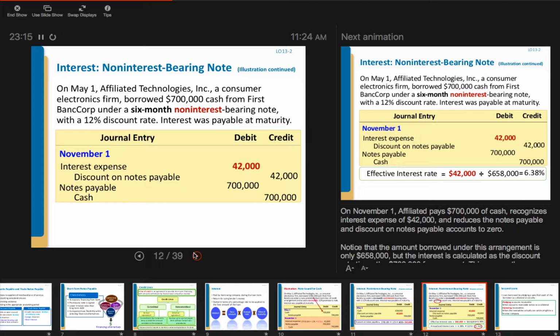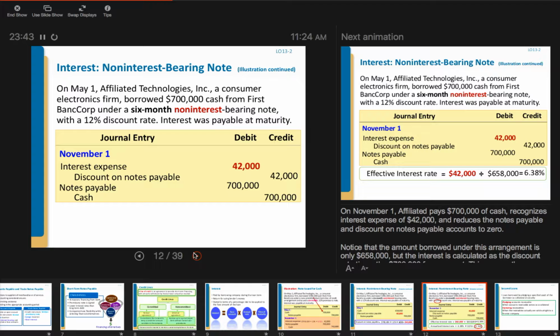You will see this again when we talk about long-term liabilities, this whole idea of discount or premium on these notes. Whenever you see the word discount or premium, they all function in a similar way. Okay? So you will see this again in the way this functions when we talk about long-term liabilities.